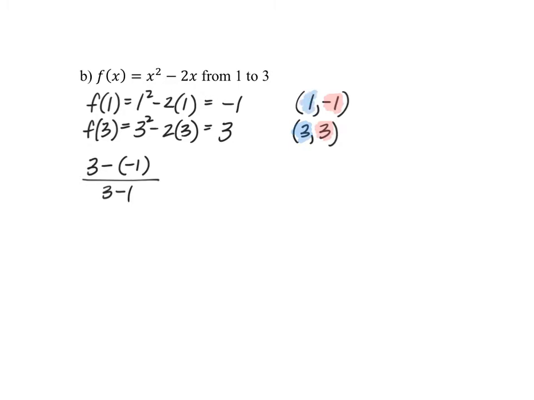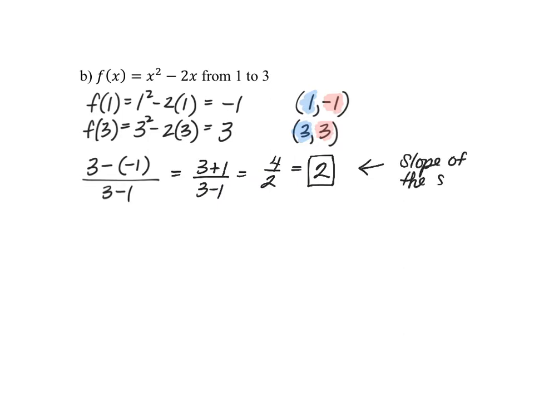So now let's simplify. 3 minus negative 1 is really 3 plus 1, which will be 4 divided by 2, which gives me a final answer of 2. And again, the graphical meaning of what we just found is the slope of the secant line from x equals 1 to x equals 3. That's my average rate of change from 1 to 3.